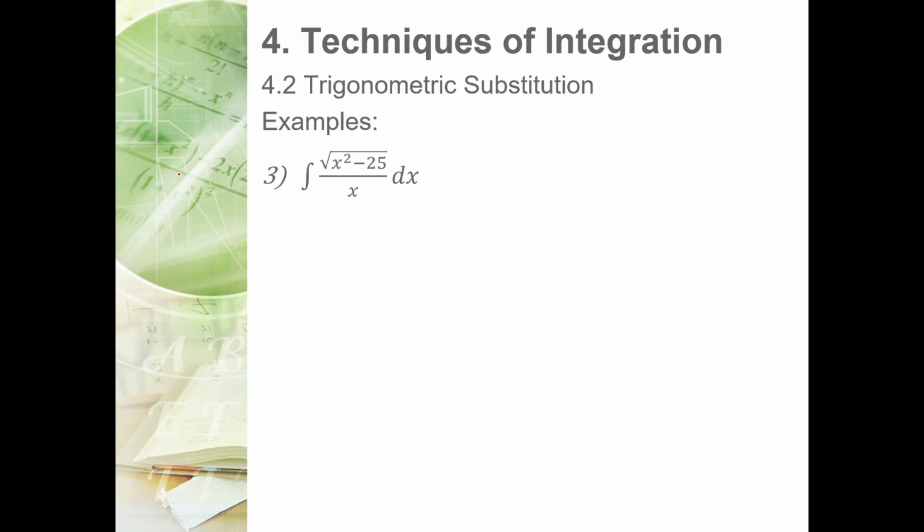Okay, so we have this equation: the integral of the square root of x squared minus 25 over x dx. Notice that it's very far from the inverse trig function, but looking at the radical expression, it's in the format of u squared minus a squared.